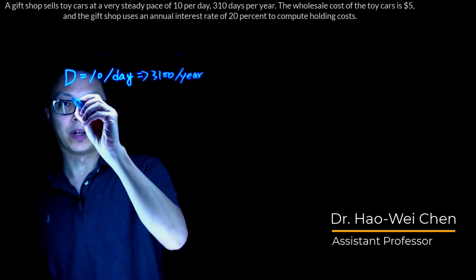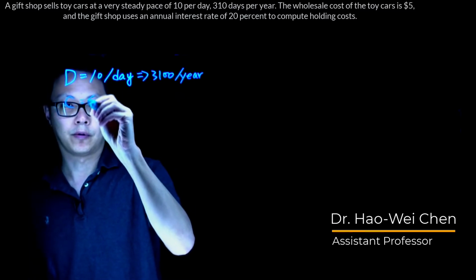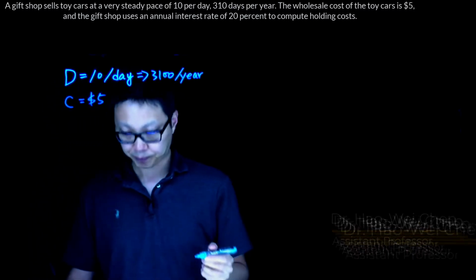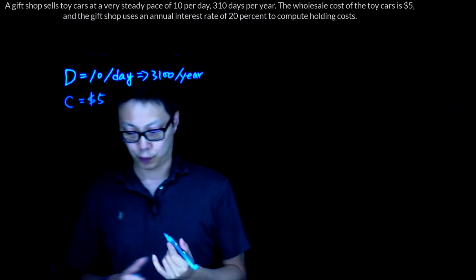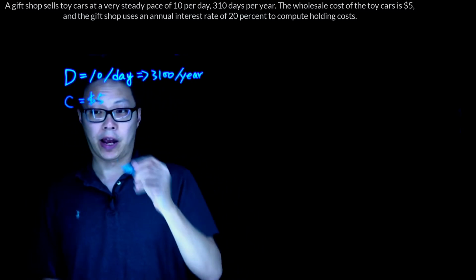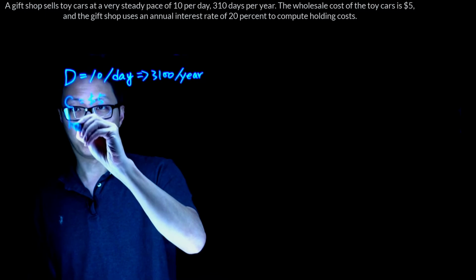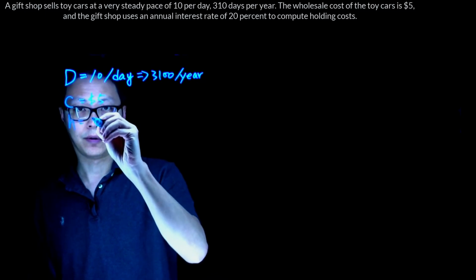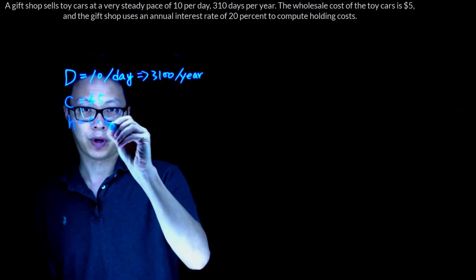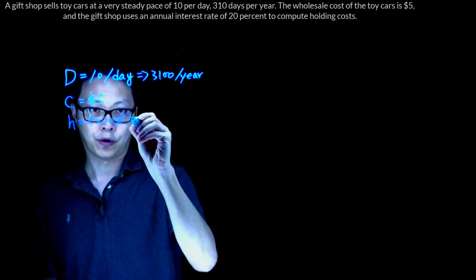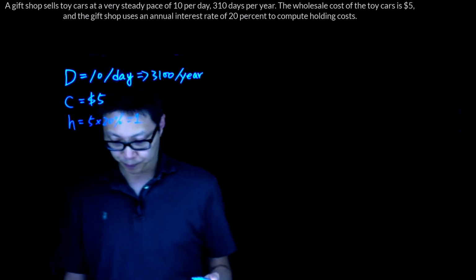Then we know the product cost will be $5, and the holding cost will be 20% annually. So H will be 5 times 20%, which will be equal to 1.